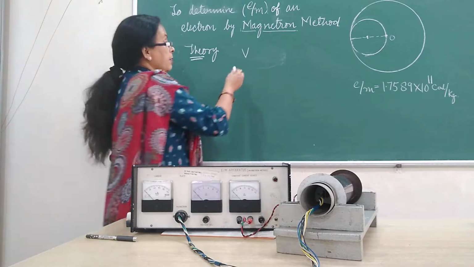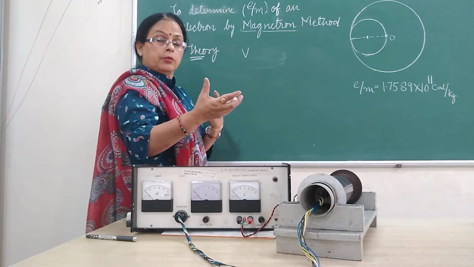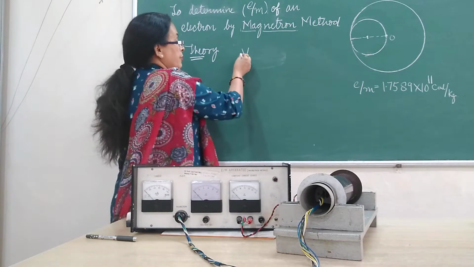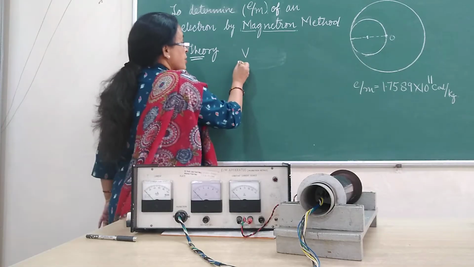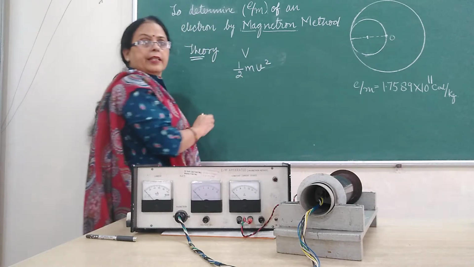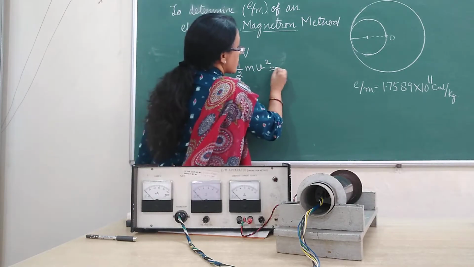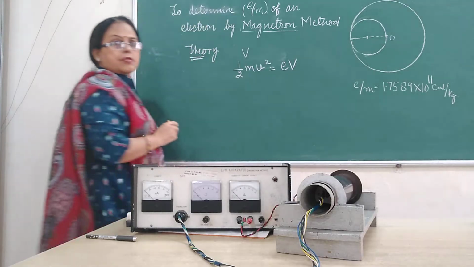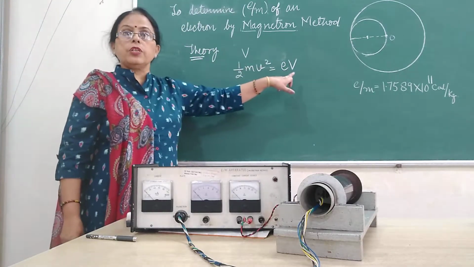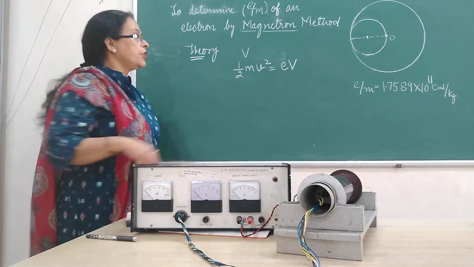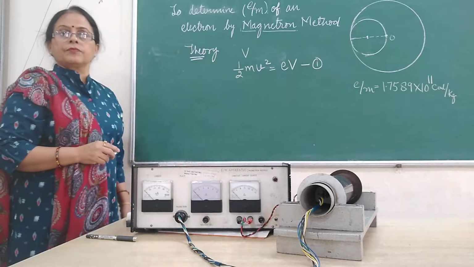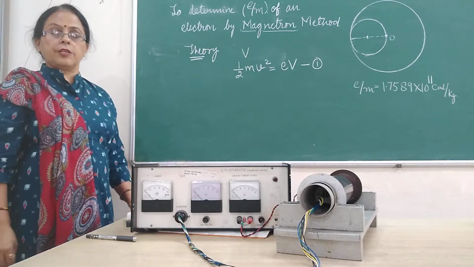By the time they reach the anode, because they are accelerated, suppose their velocity becomes v, or we can say they gain kinetic energy half mv square, which is given by ev. So half mv square is equal to ev. This is one of our equations. From here we can find out the velocity.